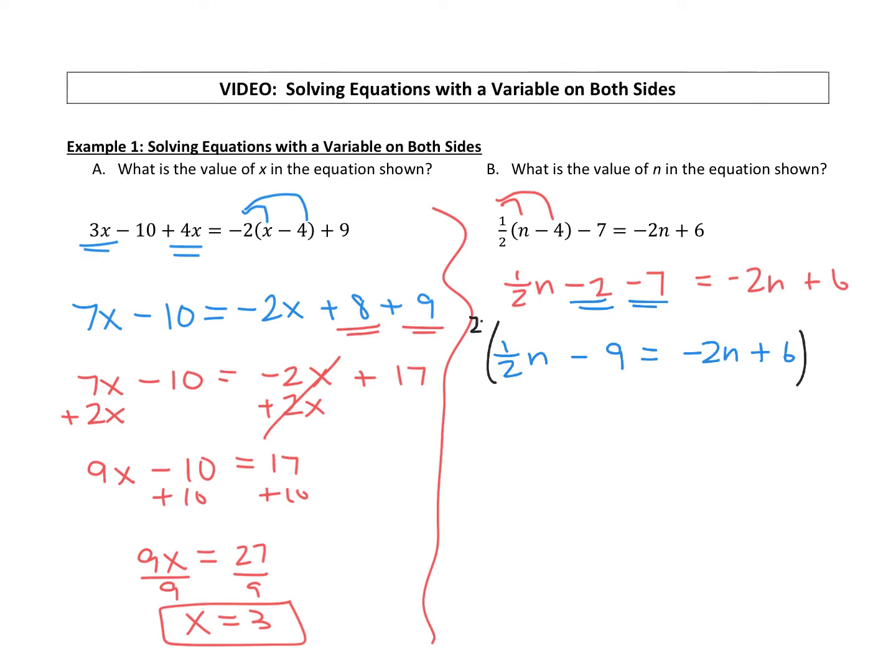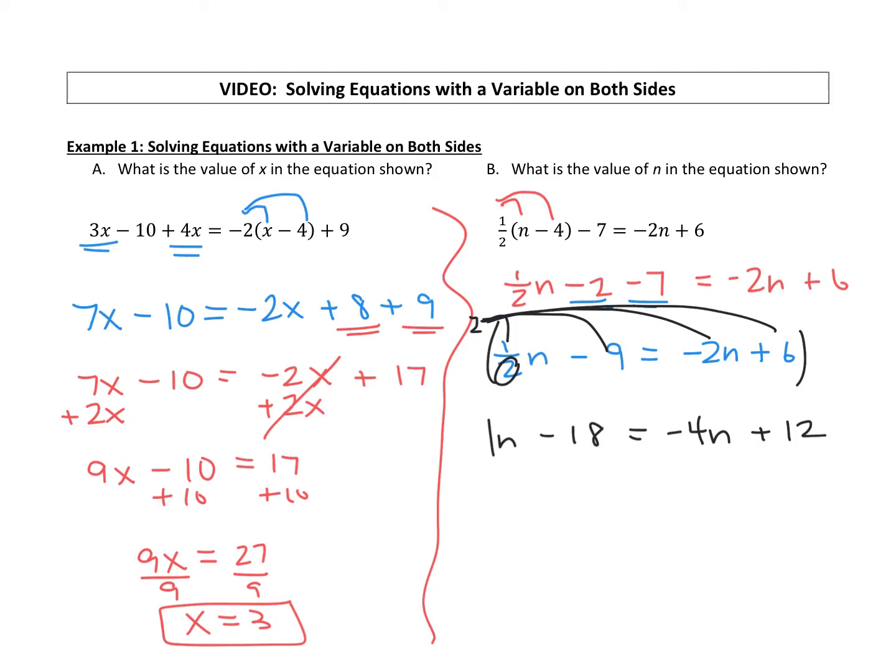So 2 times 1/2. 2 times 1 is 2. 2 divided by 2 is 1n. 2 times a negative 9 is negative 18. Carry down your equal sign. We have to multiply over here too. 2 times negative 2n is negative 4n, and 2 times positive 6 is a positive 12.